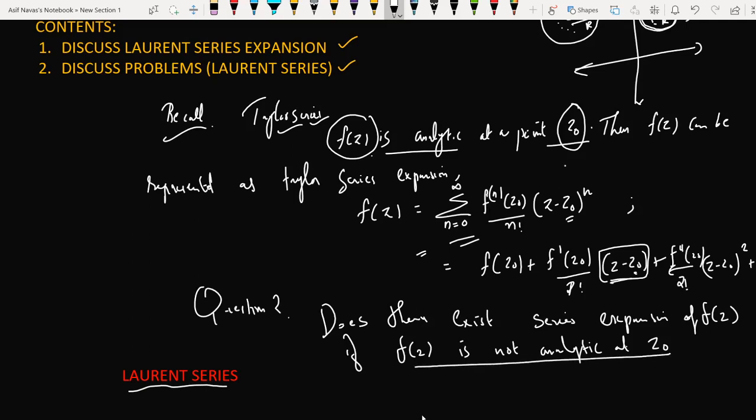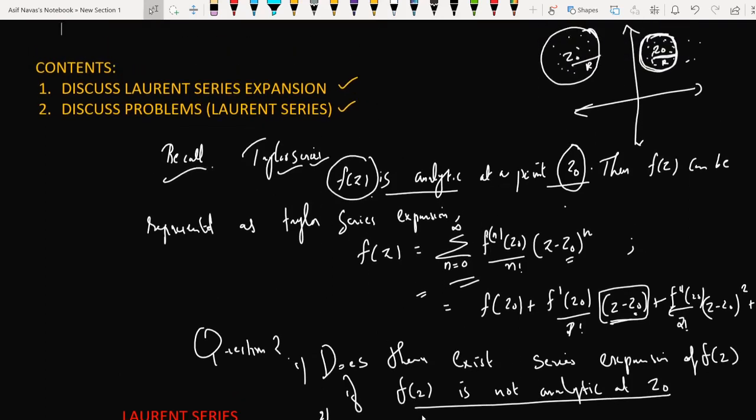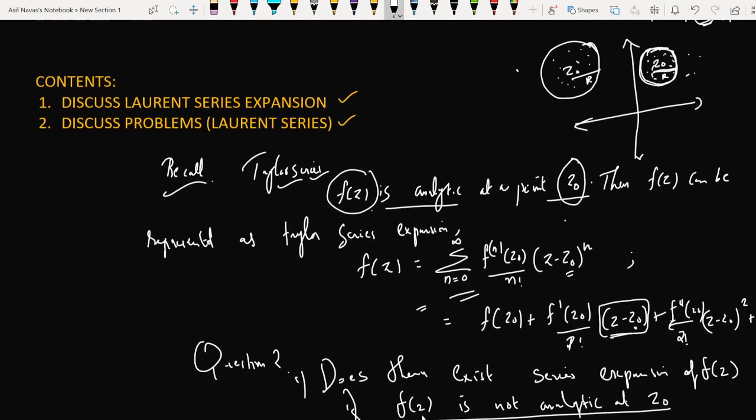Or, next question, can we find a series expansion outside this circle with the same center? If you take any point here, can we make a series expansion outside the circle? For Taylor series, the function must be analytic, and the series expansion is only valid inside some circle with radius r.